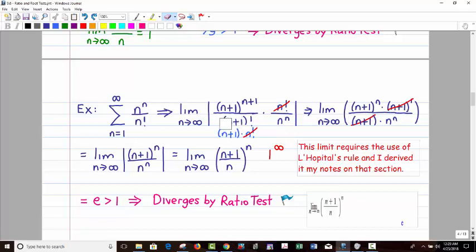So using the simplification rule for factorials, n plus 1 factorial would be n plus 1 times n factorial, which cancels the n factorial. Now, I purposely did this to get rid of the n plus 1s, which will actually cancel algebraically this time without the limit necessary. But it was necessary to break this n plus 1 to the n plus 1.